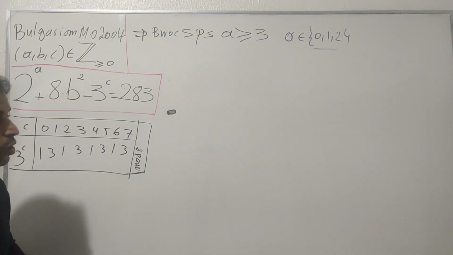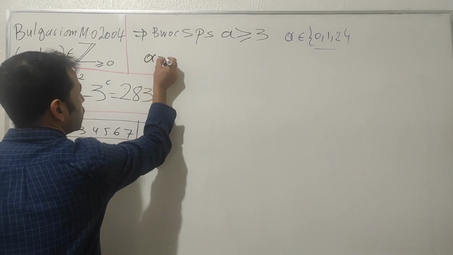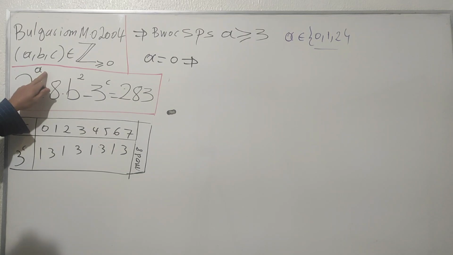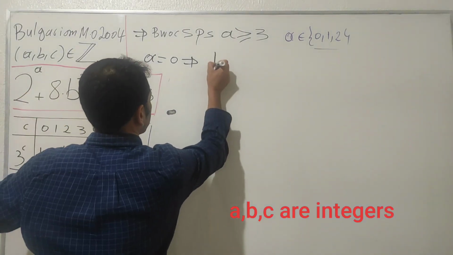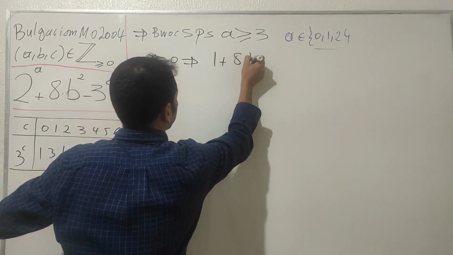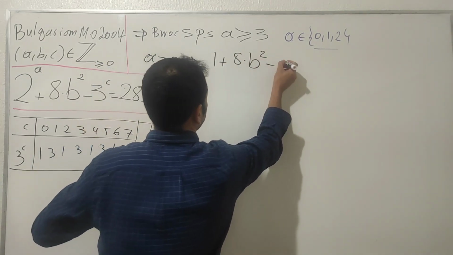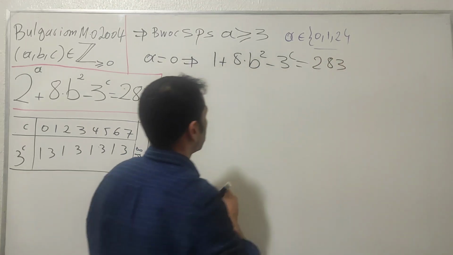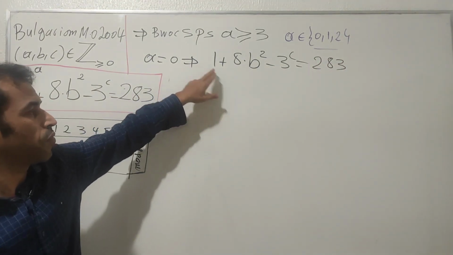Now we are going through each case. When we have a equals 0, replacing a with 0 here, this one becomes 1 plus 8 multiplied by b squared minus 3^c, which equals 283. I'm going to cancel number 1 from the left and the right.